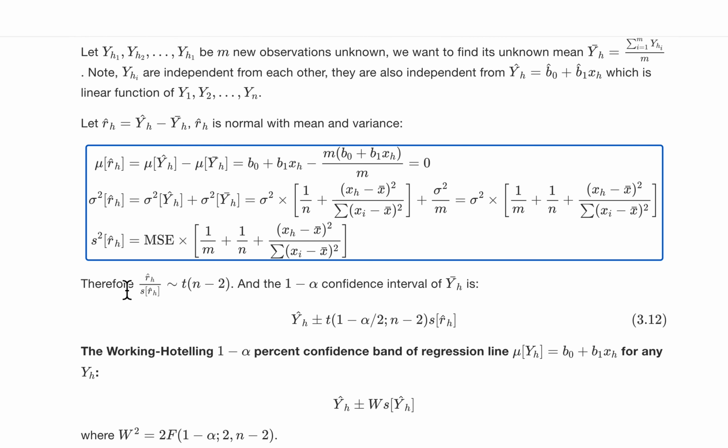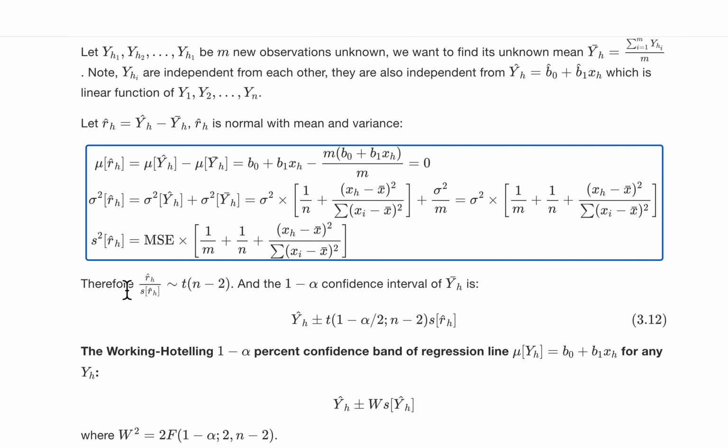We want to predict more than one observation. Then we can't use the previous one. We want to predict the mean value of several different predictions X_h.